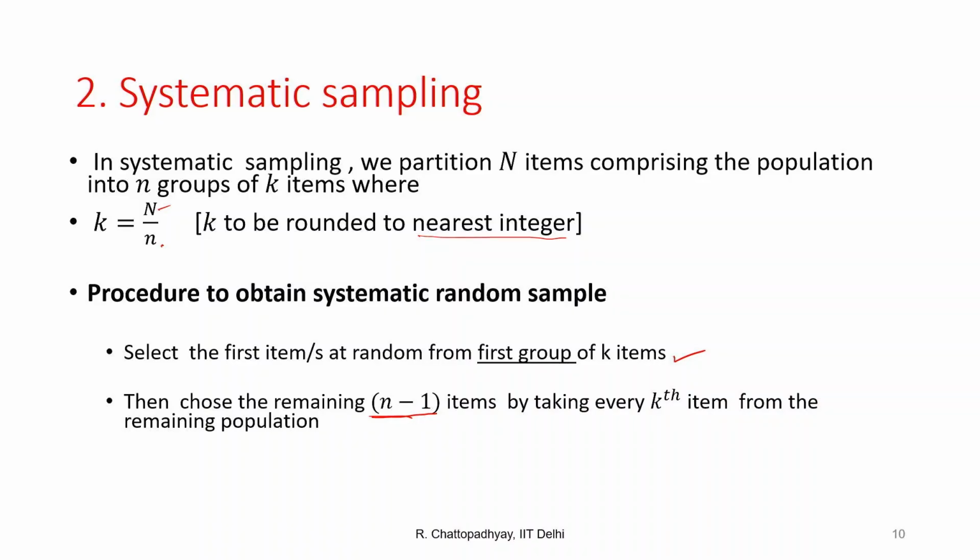Then we'll choose the remaining items that we have to choose. How will we choose them? By taking every kth item from the remaining population.